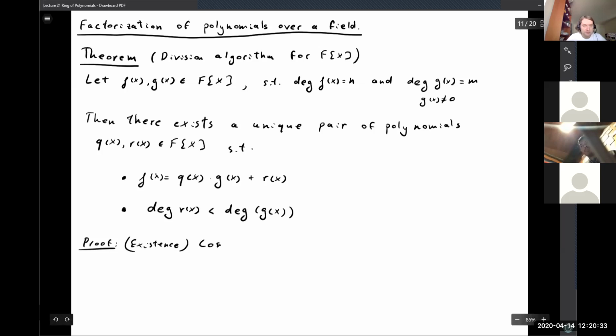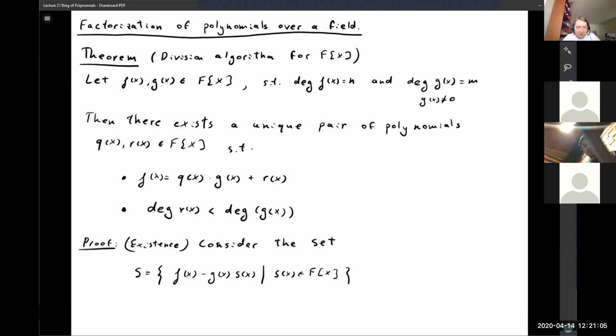So consider the set, let's say it will be S. And this will be a set of the following expressions: f of x minus g of x times s of x, where s of x is just some polynomial in our polynomial ring over F. So this is an infinite crazy set of polynomials.